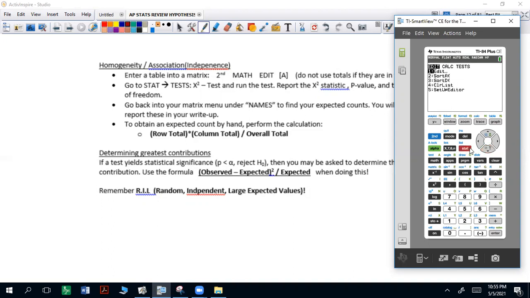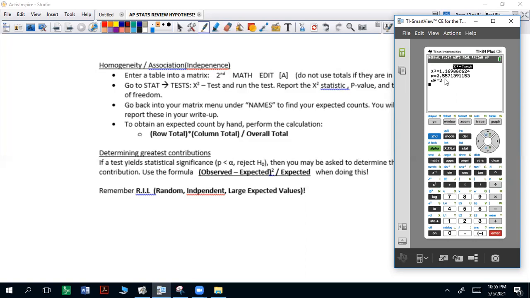And then you're going to go to stat, test. You're going to run a chi-squared test. Not goodness of fit, just the regular test. And you're going to go down to calculate. And it's going to throw all that out. Again, I just threw random numbers in there, so your p-value is really high. But there's your chi-squared test statistic.